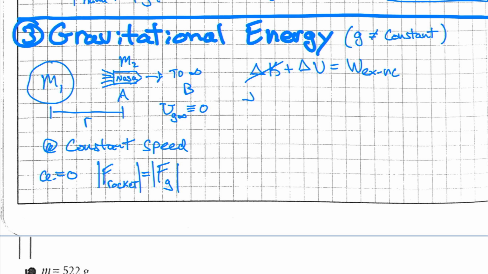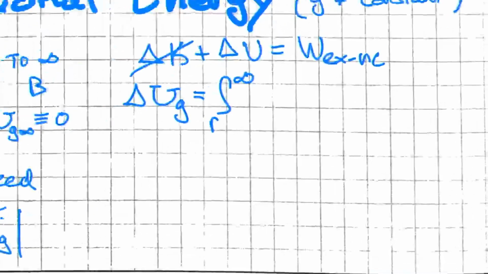This is going to give us delta U gravity, and that's going to equal the integral from A, which was at a distance of r, to B, which is out at infinity.